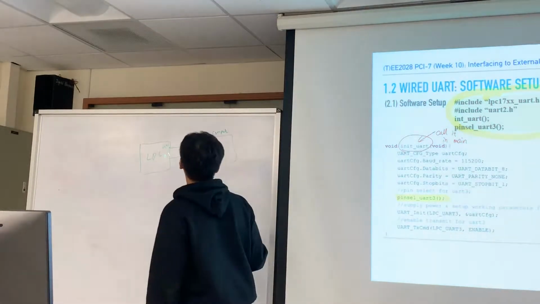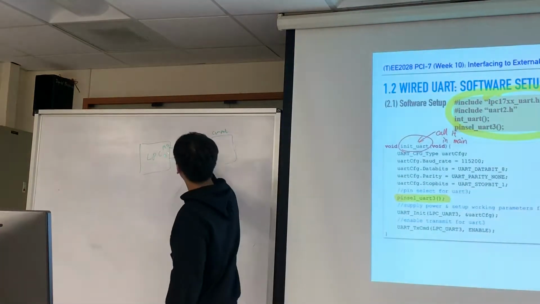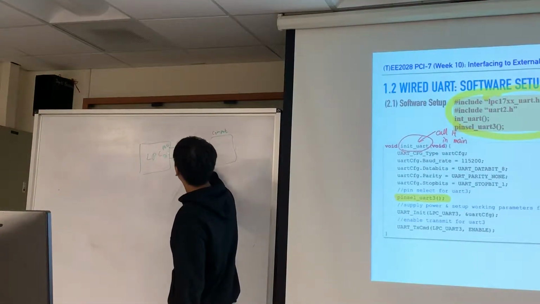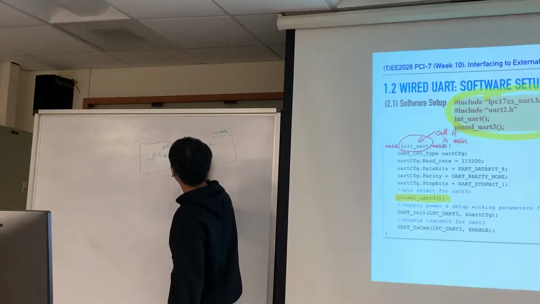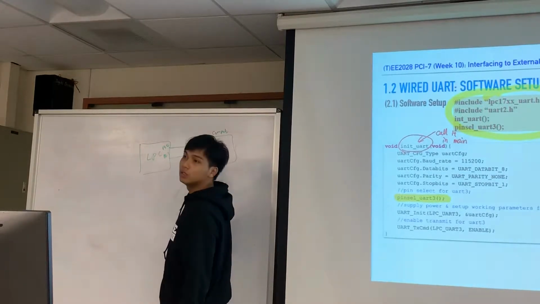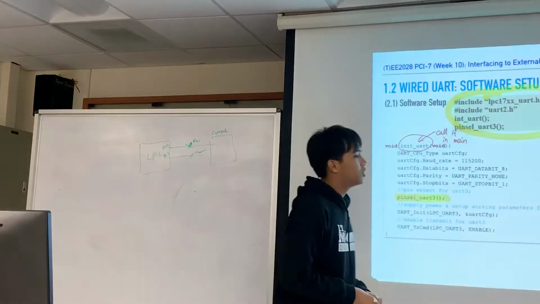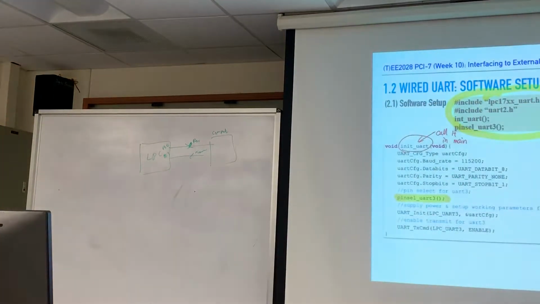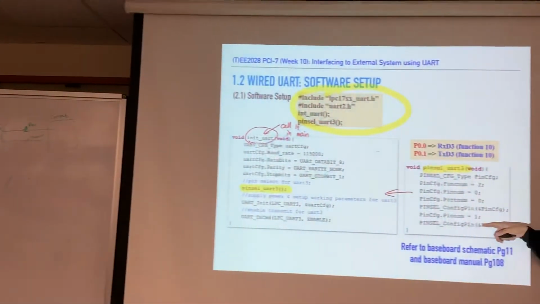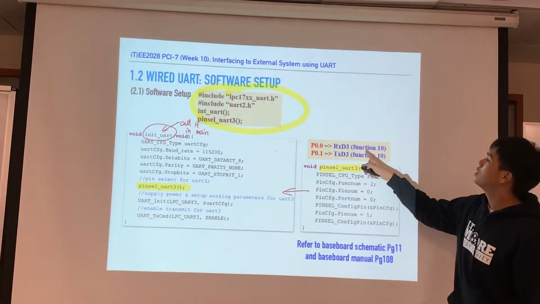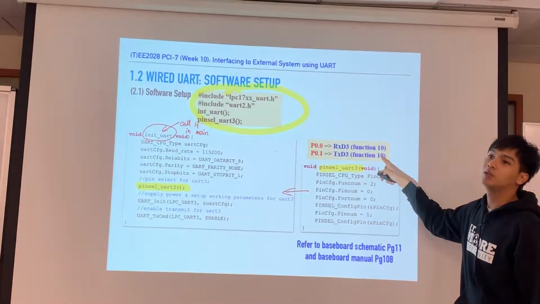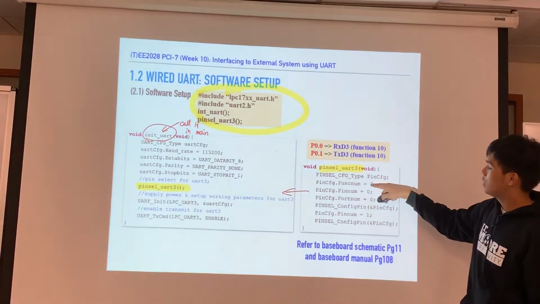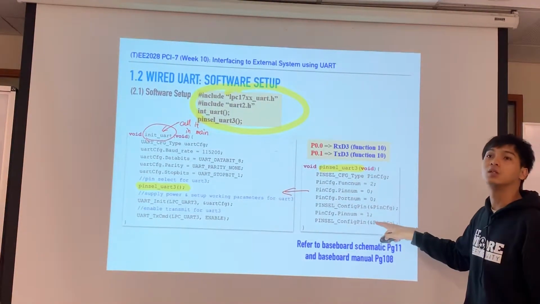This port 0, pin 0 is for receiving, and this one is for transmitting. So we want to configure this for the UART protocol, and you can see that we are selecting port 0, pin 0, and port 0, pin 1. And since this is 10, it means 2, right? We need to select function 2. That's why we are selecting function 2 for the pin select configuration.